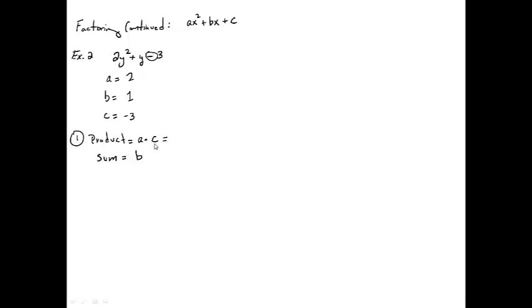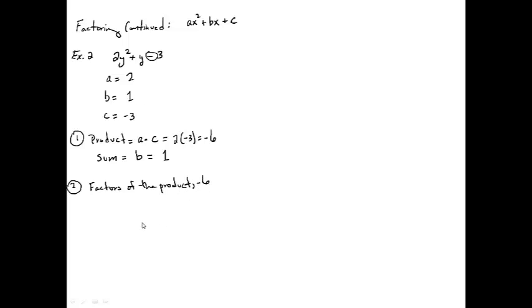So what is A times C? That is 2 times -3, which is -6. So my product is -6, and my sum is just B, which is 1. Step 2, what are factors of the product, which is -6?